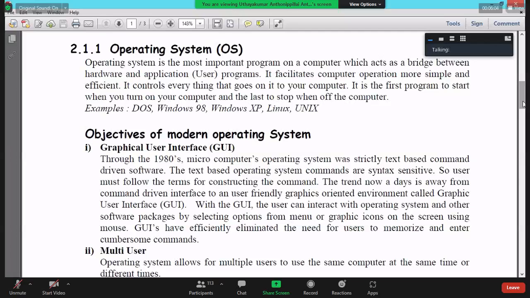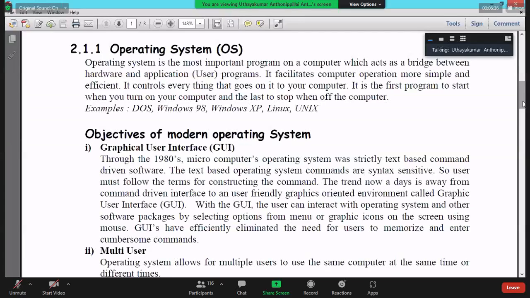In another part, Linux, Unix, such as Red Hat. Apple computers use the Mac operating system. Mac means Macintosh.